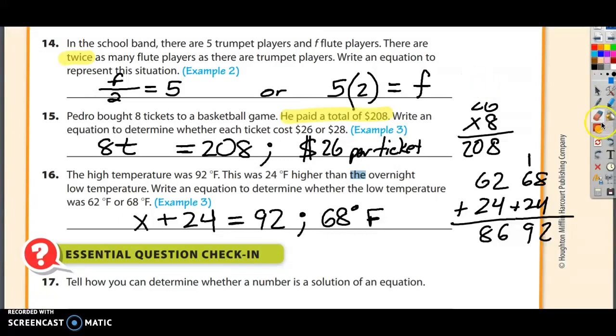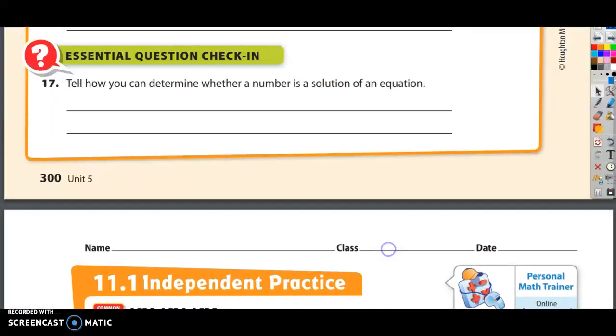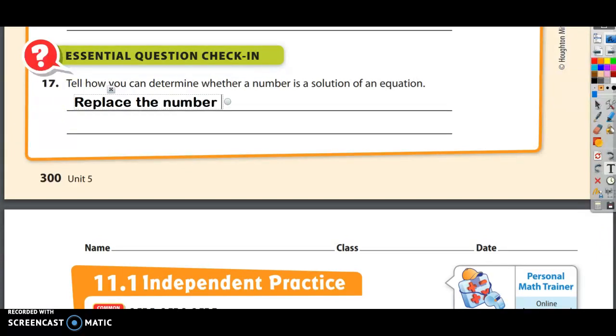All right, we are going to do the essential check-in question, because it's not too hard. It says, how can you determine whether a number is a solution of an equation? Replace the number for the variable and solve.